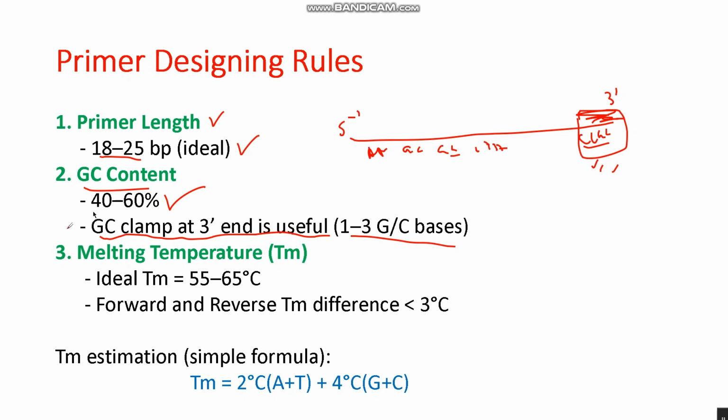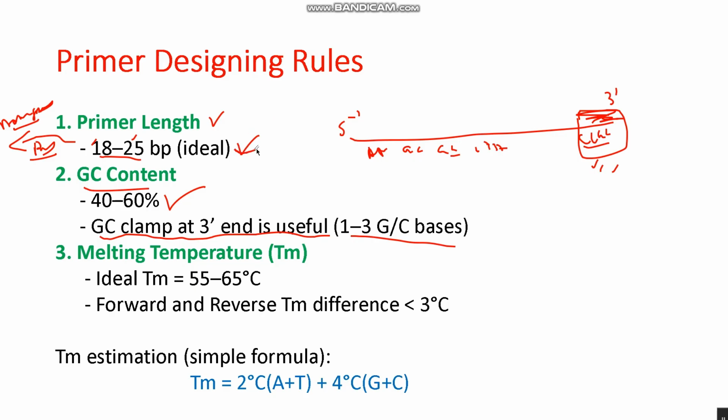And the melting temperature. Okay, first of all, the primer length. Why is the primer length very useful here? 18 to 25. Okay, if we decrease the primer length, then non-specificity will occur. Why? Because if the number of nucleotides decreases, then the chances of randomly attaching to the DNA strand will increase.